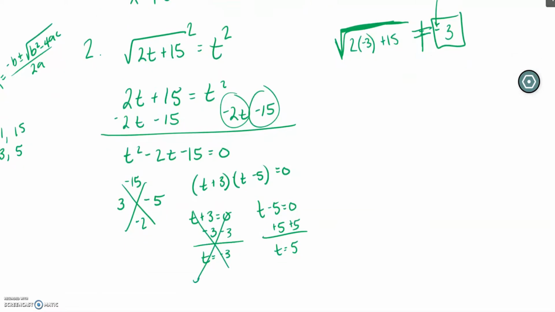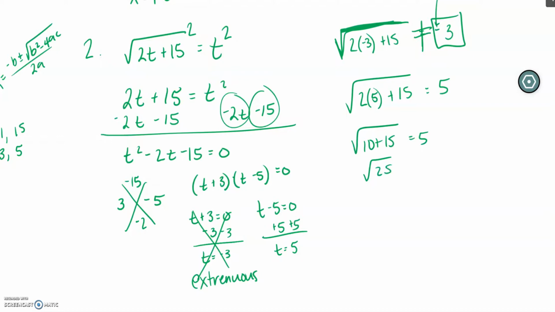So that's what we call an extraneous solution. It gives you an imaginary value. And let's check to see if our other one works. I mean, maybe both are bad. All right, so t equals 5 is the only solution.